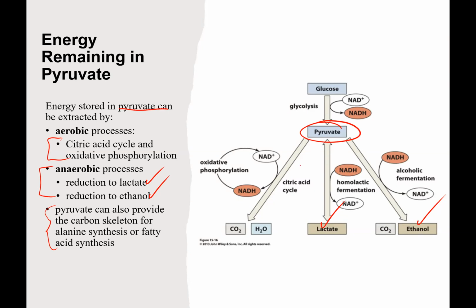And then, of course, this represents the citric acid cycle, the ultimate conversion of pyruvate to CO2 and H2O, and the generation of a lot of ATP.